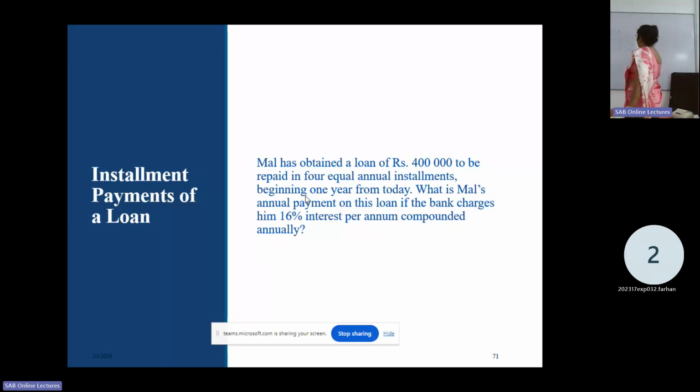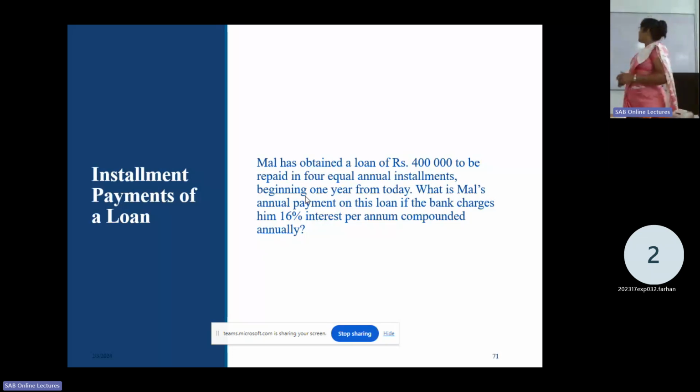Once you have paid these 4 annual installments, your 400,000 loan will be repaid. Therefore, the present value of the installments is equal to the loan amount.